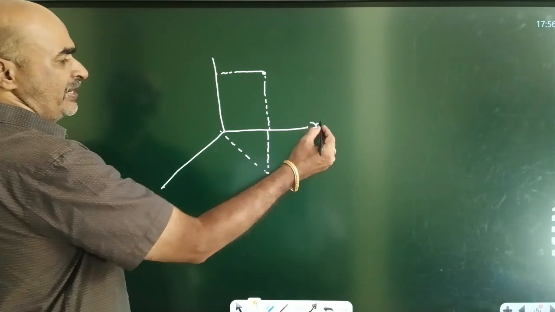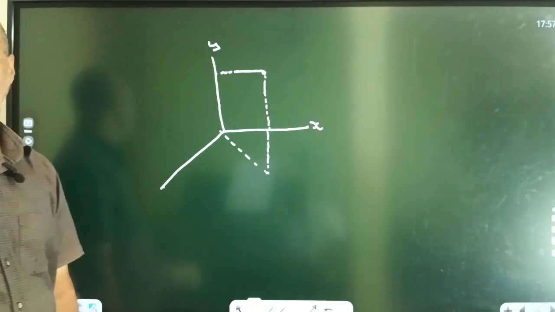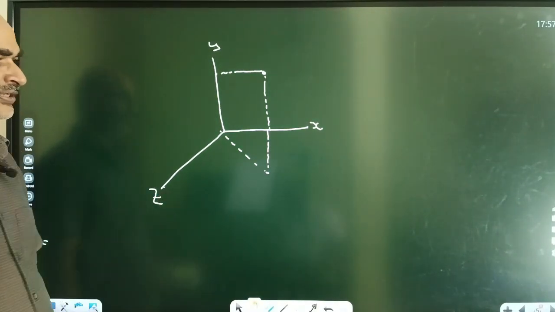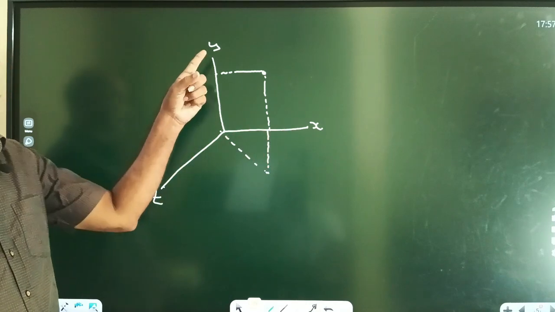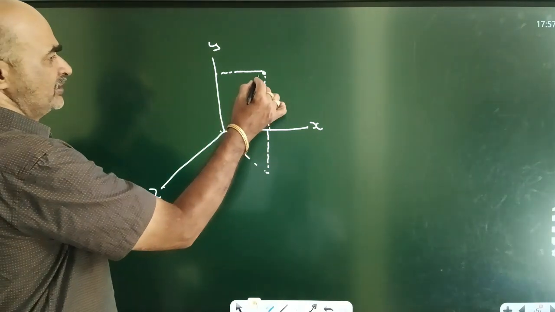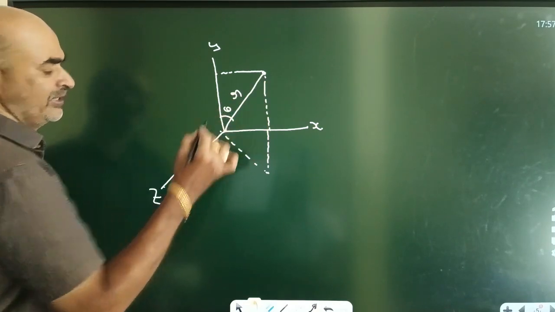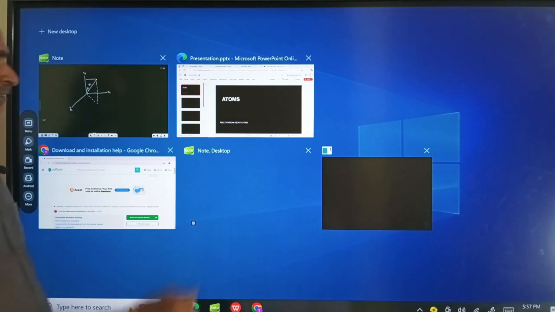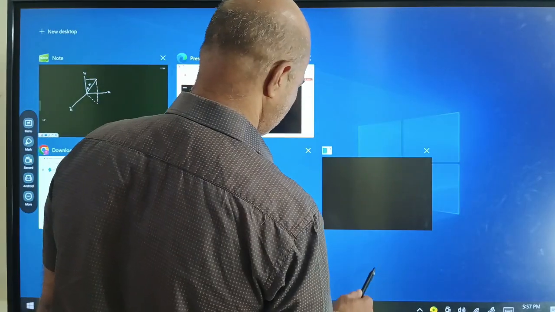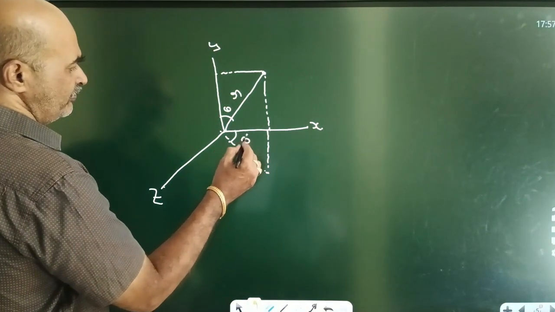This is x-axis, this is y-axis, and this is z-axis. This is radius r. This is angle theta. This is angle pi.